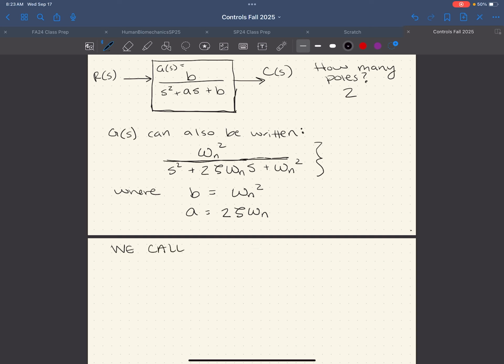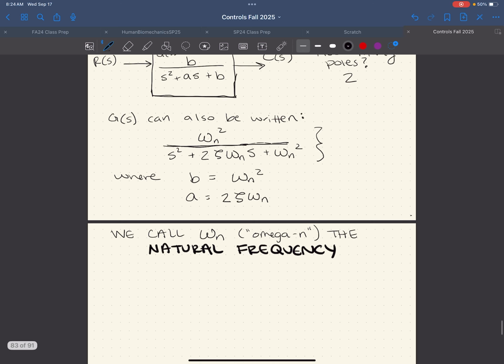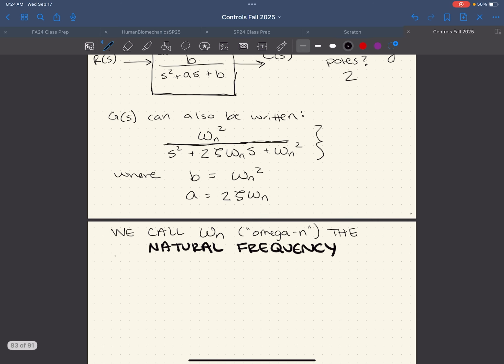We call this omega n the natural frequency of the system. And we're going to talk a little bit about what the heck a natural frequency is.